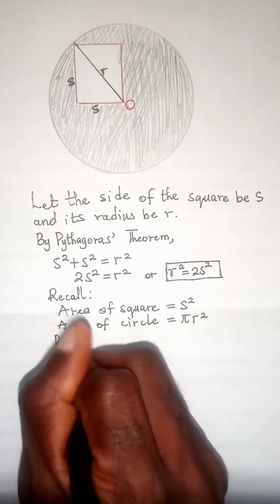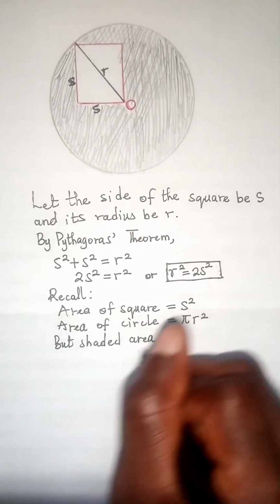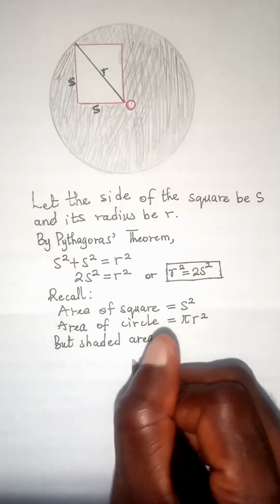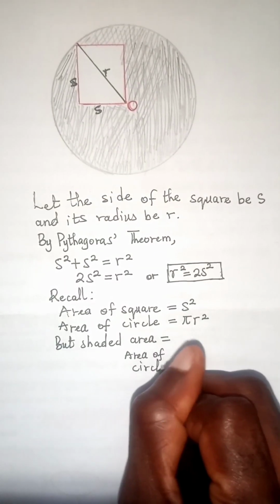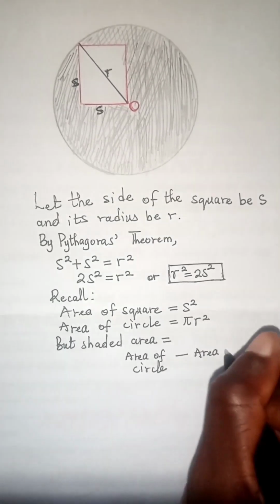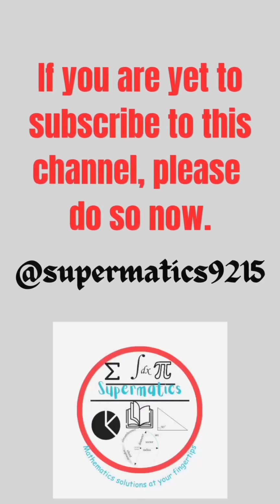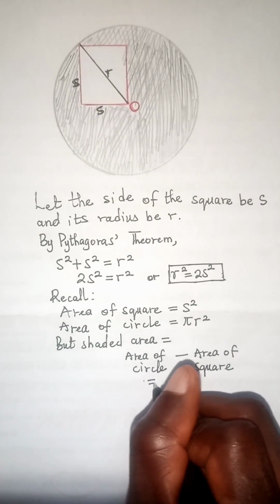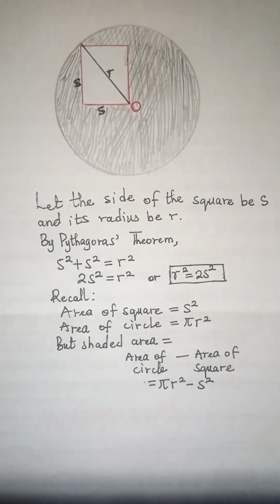Then the shaded area in this case, we have the circle shaded minus the square. So the shaded area is going to be the area of the circle minus the area of the square, which is left blank and not shaded. And this is pi r squared minus s squared by the formula that we wrote above.